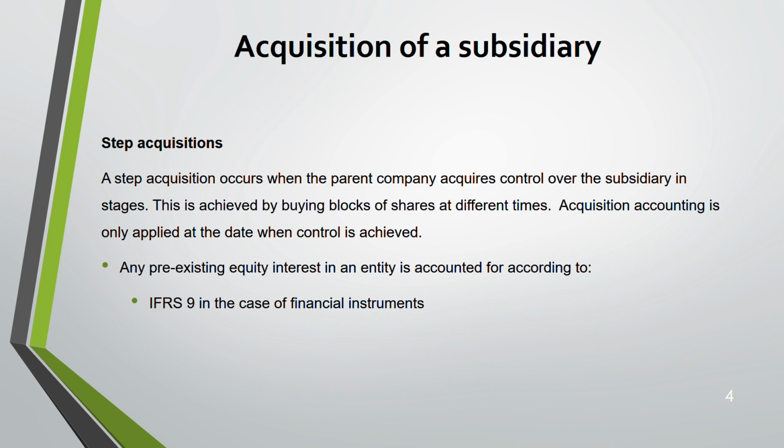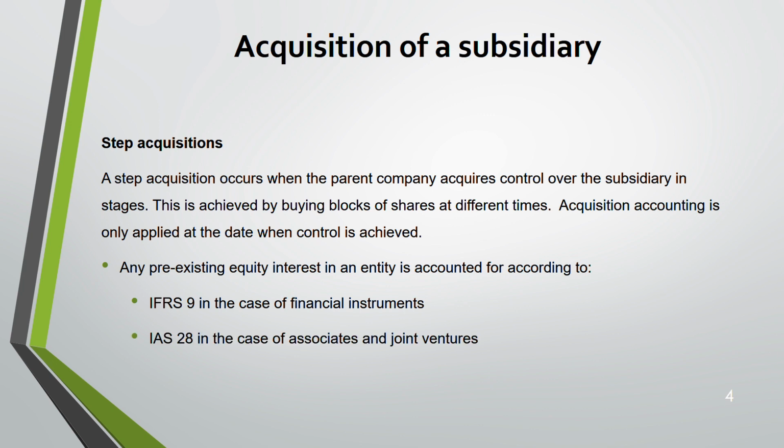If it's less than 20%, before you got control, let's say 19% shares you have bought the first time, not the second time I'm talking about. Then the second time when you bought more shares and got the control, you have to now value the first one according to IFRS 9 if it is less than 20%.